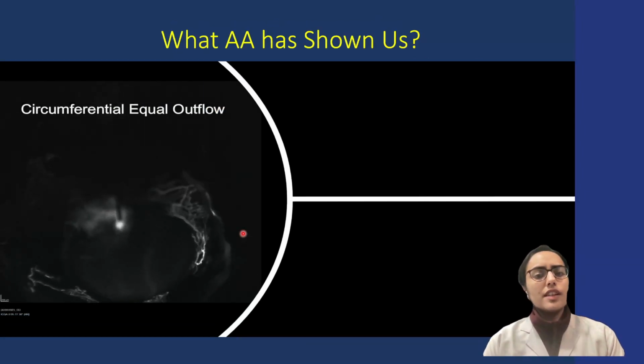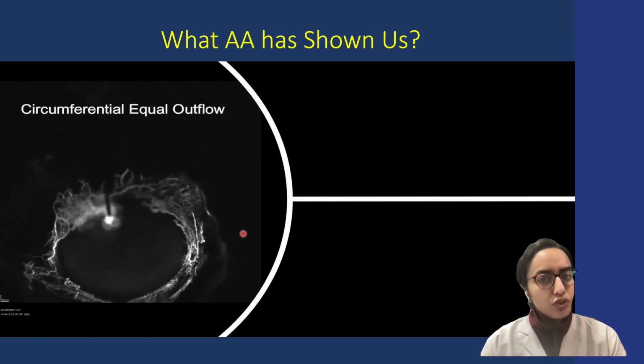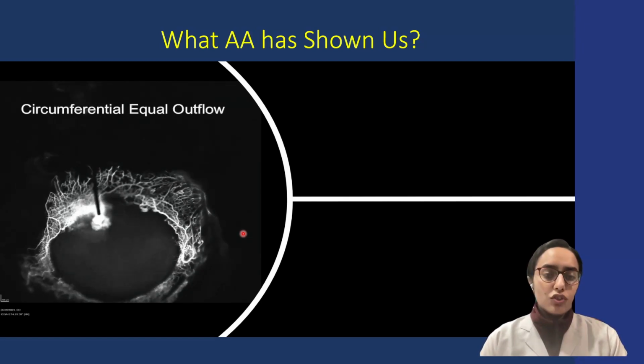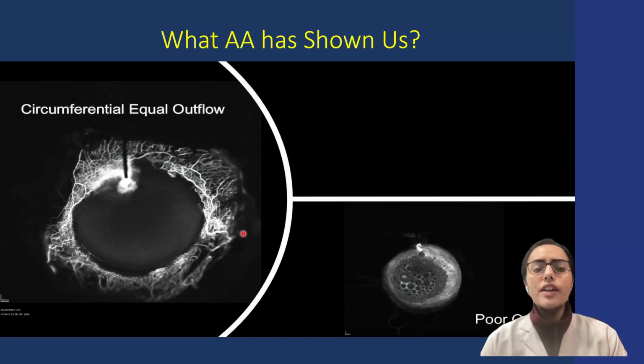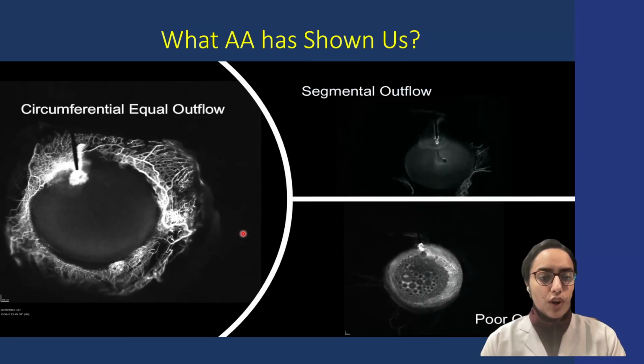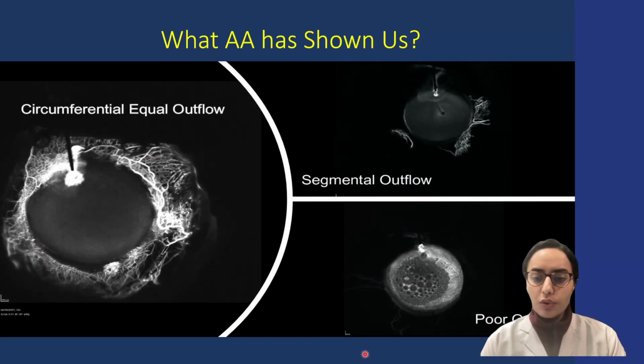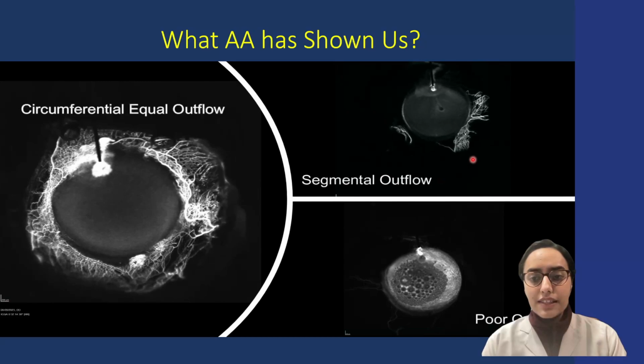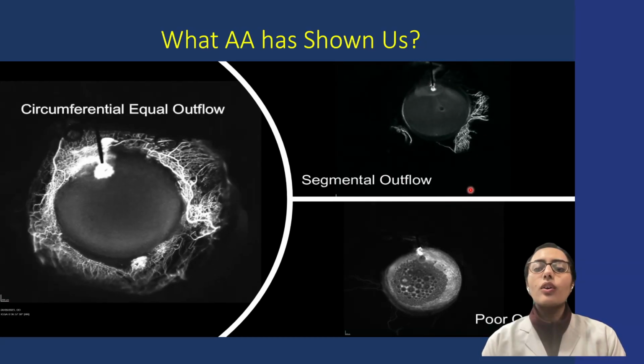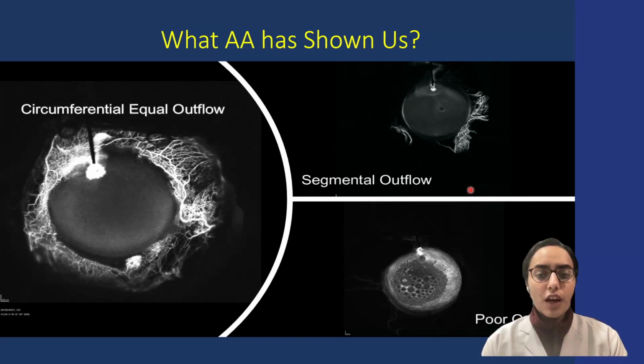So let's quickly see what aqueous angiography has shown us. It has revealed a wide variation of aqueous outflow ranging from equal outflow to poor outflow and segmental outflow along the limbus, with the segmental outflow being the most common.